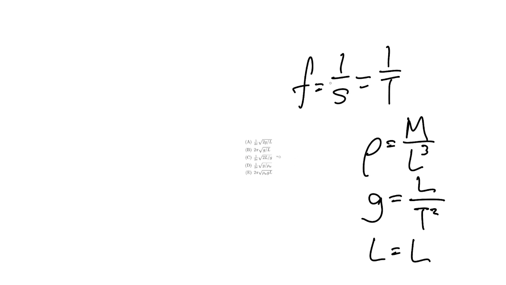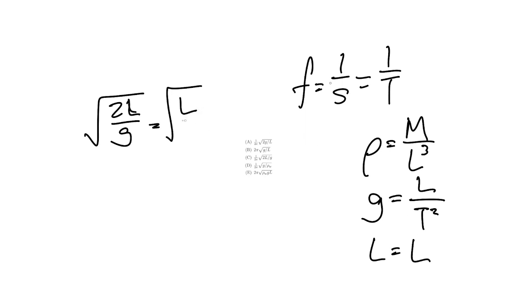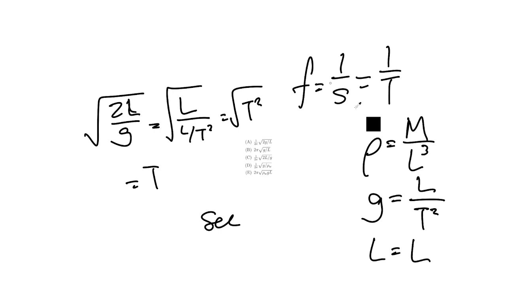Let's look at c: that's the square root of 2L over g, which in dimensions is some constant times L divided by L over t squared, the square root of t squared, which is a t. So that would just be in seconds, not 1 divided by seconds, not hertz. So we know that c is wrong.